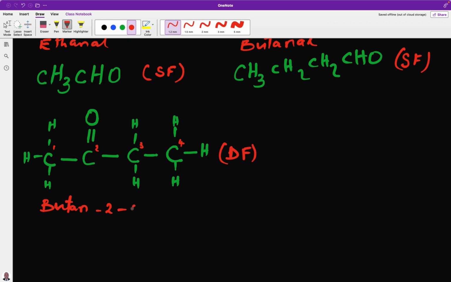The carbon chain is 4, we use butane, now it is butan, then followed by the position of the carbonyl group. The carbonyl group is on the second carbon. We now say it is butan-2-one.